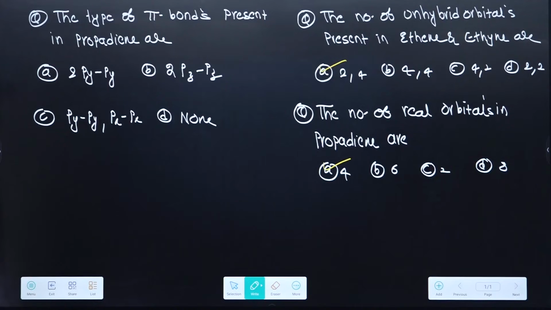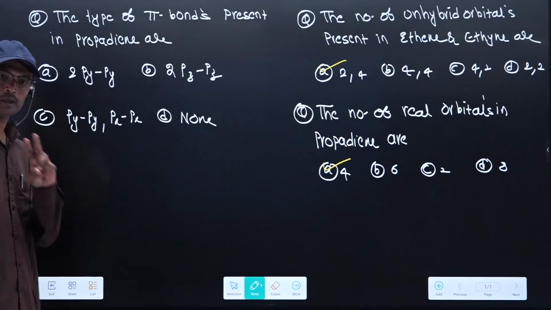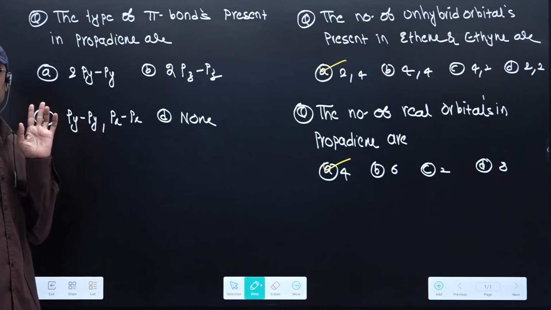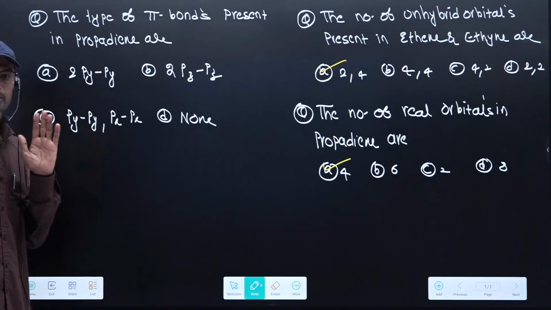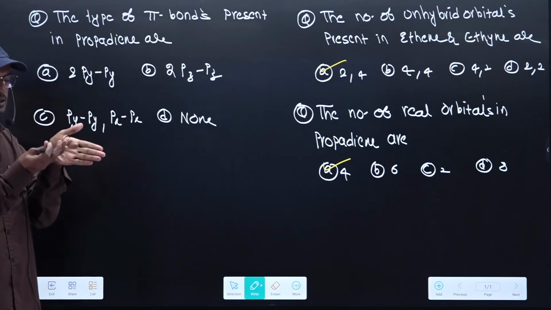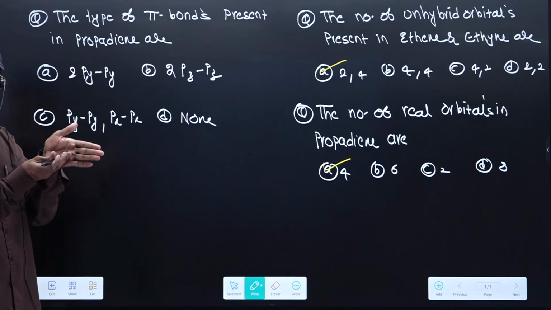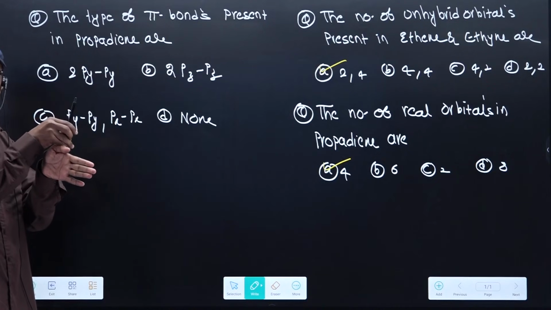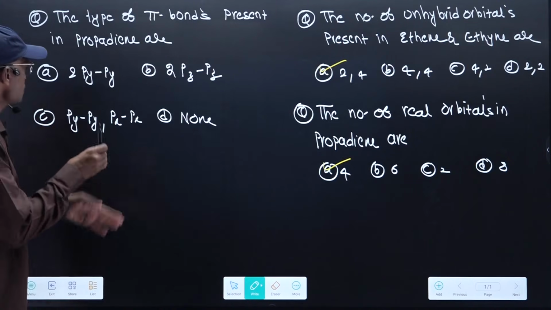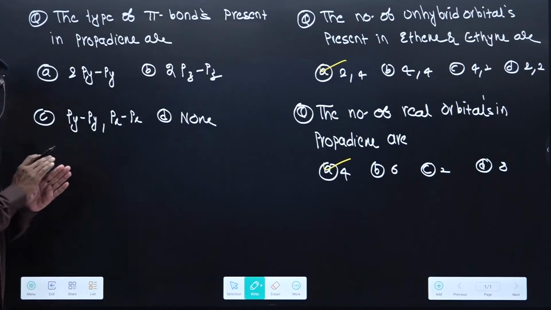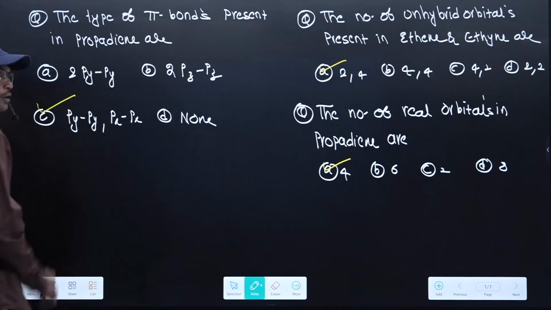What type of pi bonds are present in propadiene? Are the 2 pi bonds in the same plane? No. Remember, 2 pi bonds never exist in the same plane. The sigma bond is on the x-axis, the first pi bond on the y-axis, the other pi bond on the z-axis. They look like one plane, but actually they are not in one plane. So the 2 pi bonds are different.